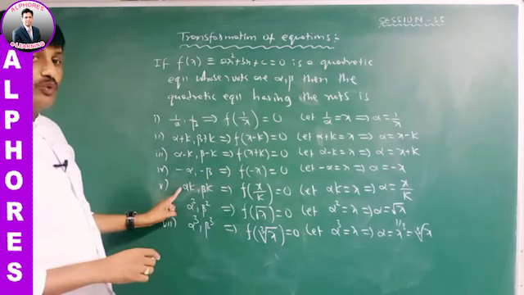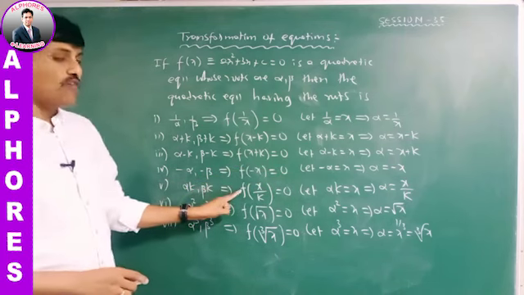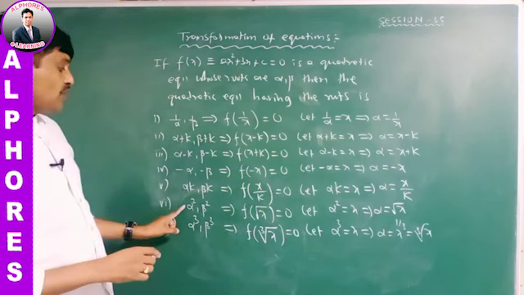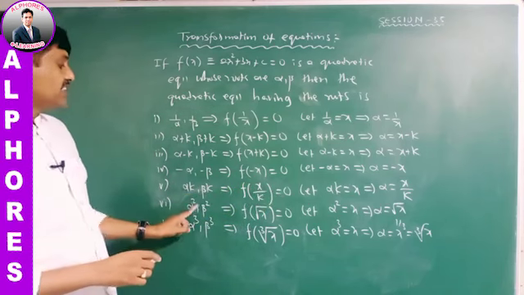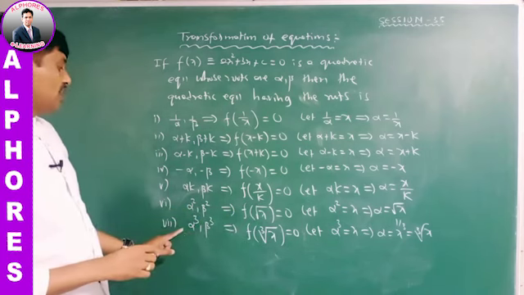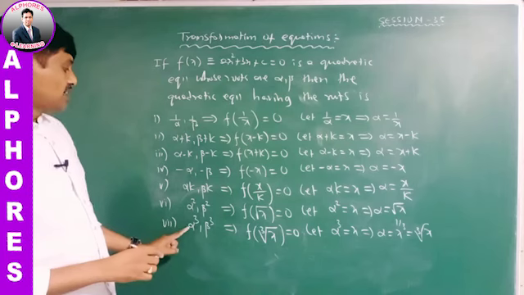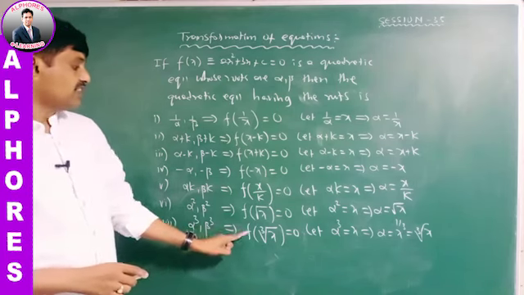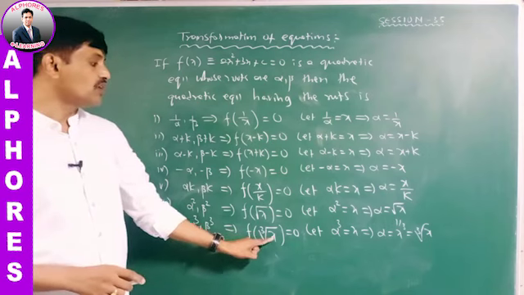Each root is multiplied by k, f of x by k is equal to 0. Each root is square of the roots of the given equation, then required equation f of root x is equal to 0. Each root is a cube of the roots of the given equation. In this case, f of cubic root of x is equal to 0.